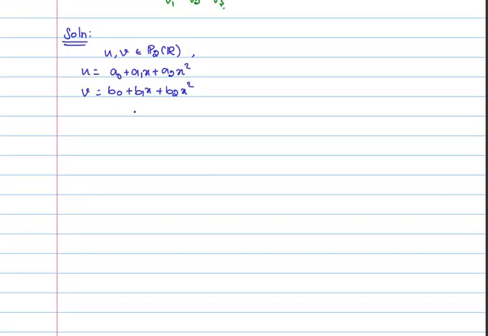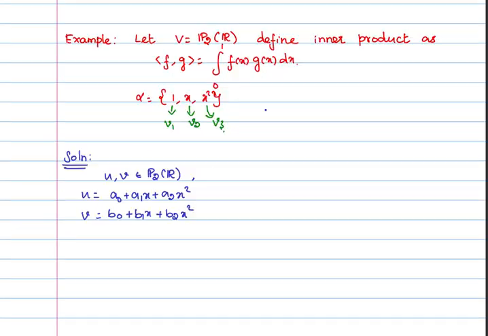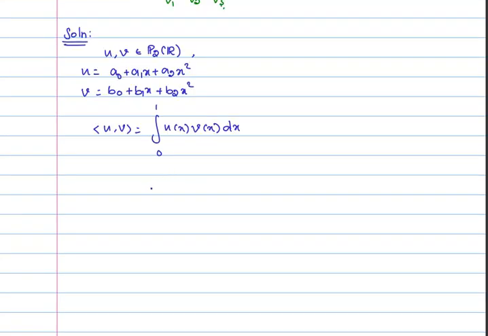Now the inner product is defined in terms of the integral from 0 to 1 of f of x times g of x. So the inner product of u comma v is the integral from 0 to 1 of u of x times v of x dx. So what is u of x?